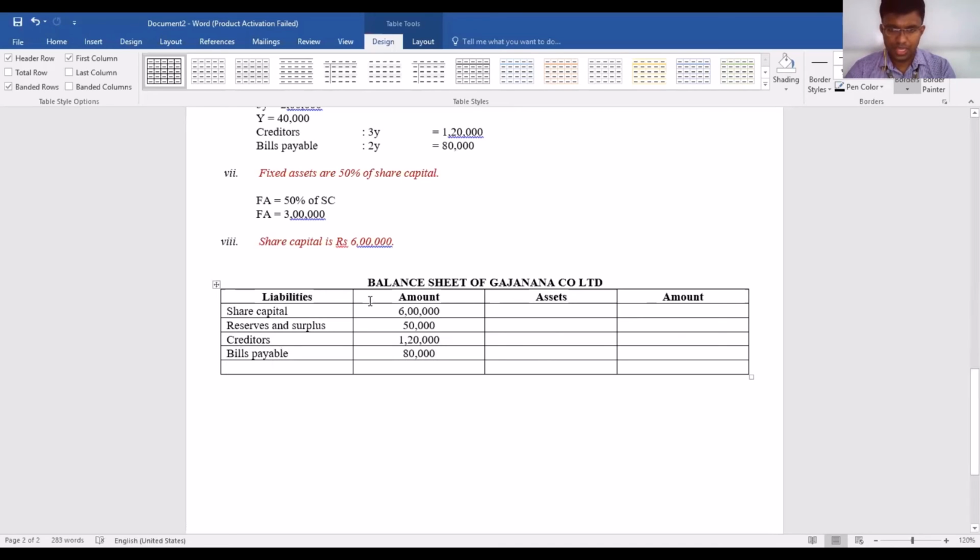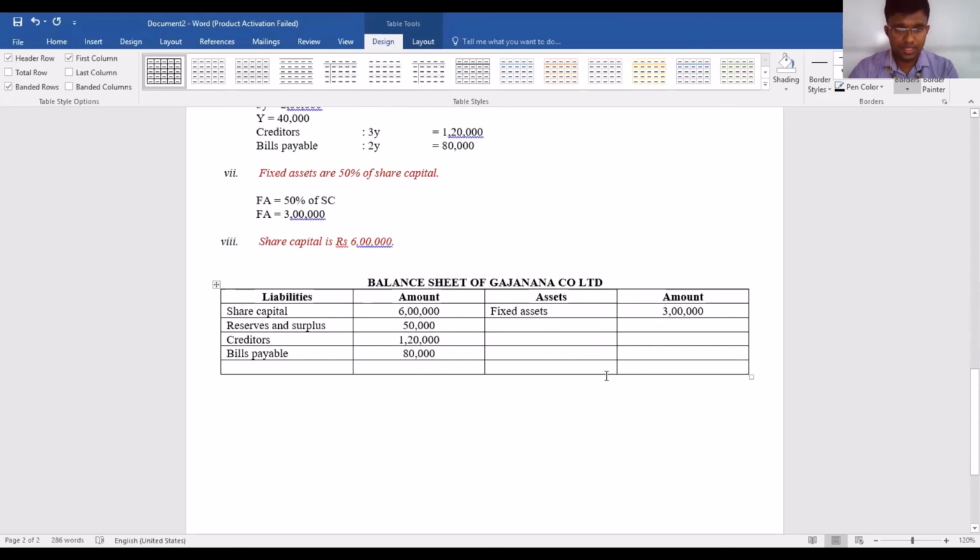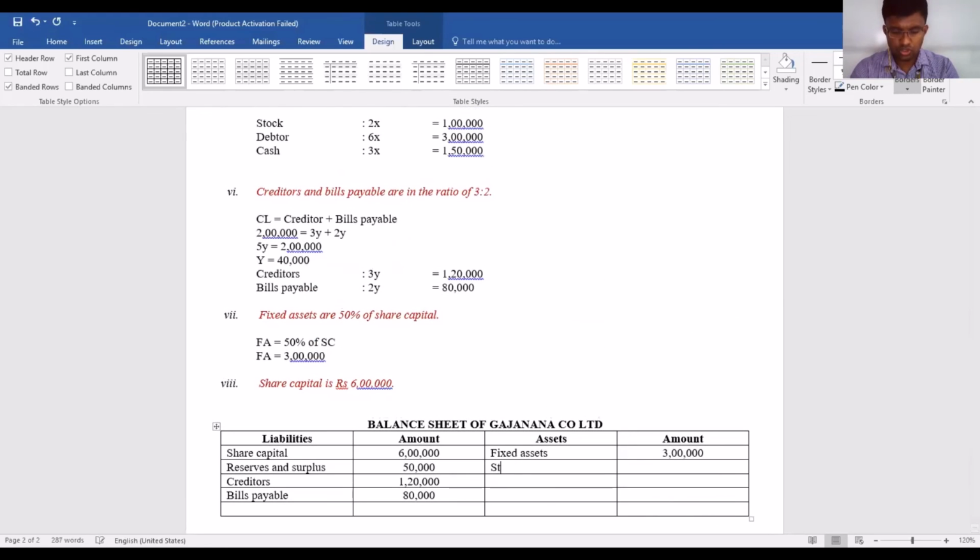Okay, then let's move on to the assets. Which are the assets that we have? Fixed assets, what we've been told is fixed assets is 3 lakh. Then we have the current assets. The current assets that we have are stock.